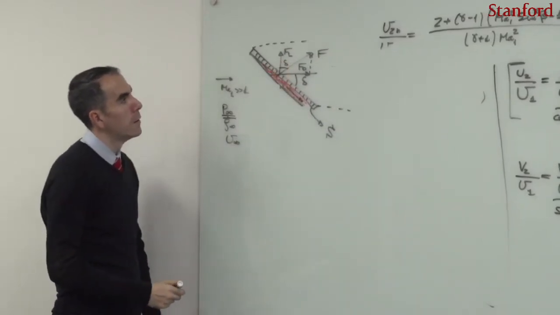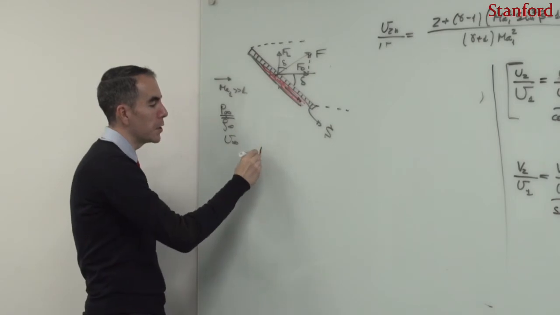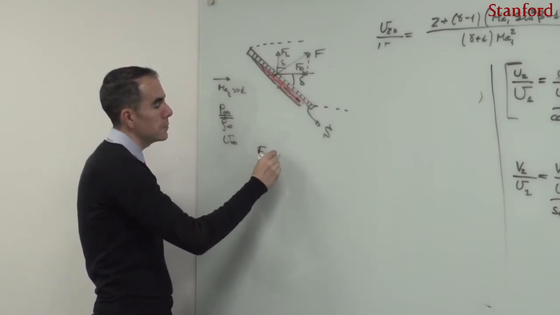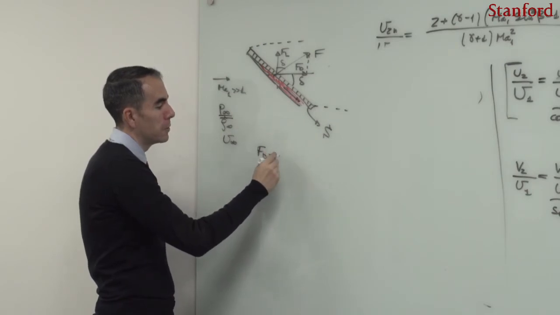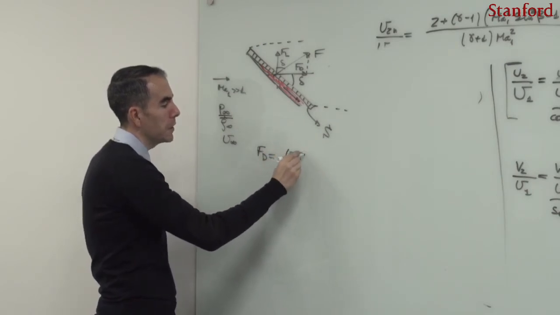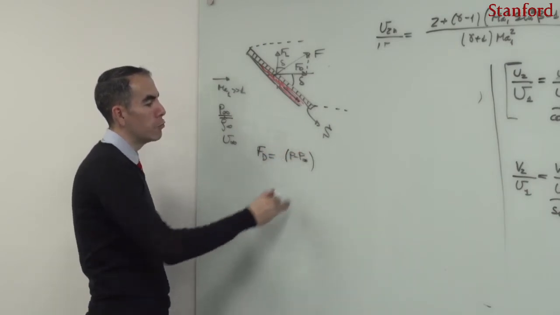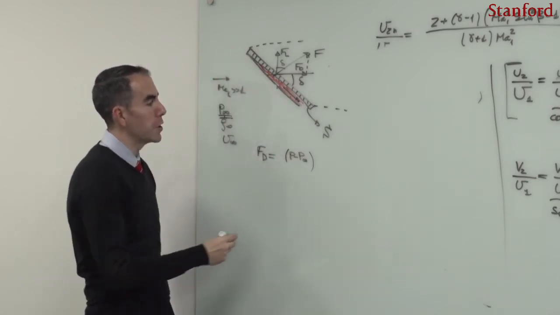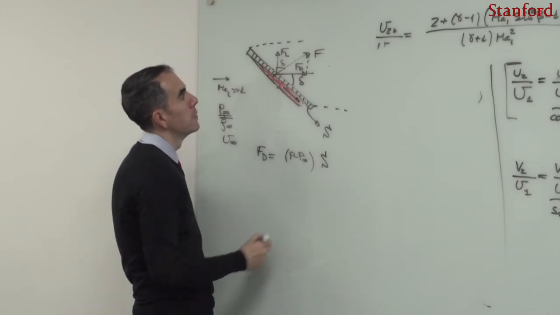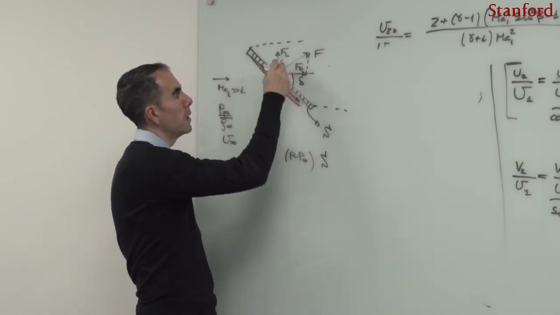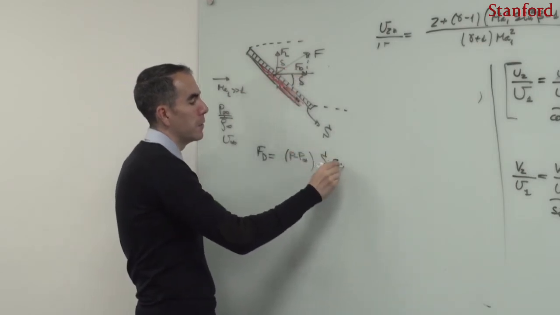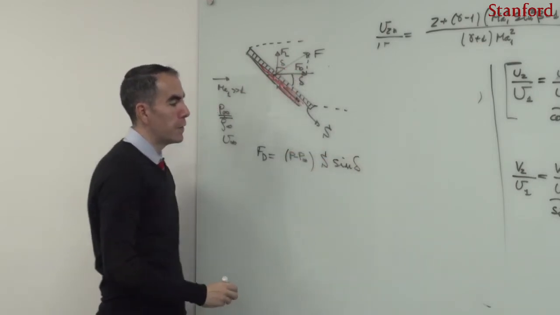As a result, one can say that the drag force is going to be just the pressure, P minus P infinity, multiplied by the surface projected on the vertical, so S multiplied by the sine of delta.